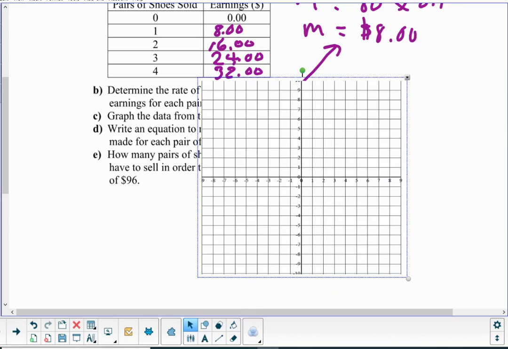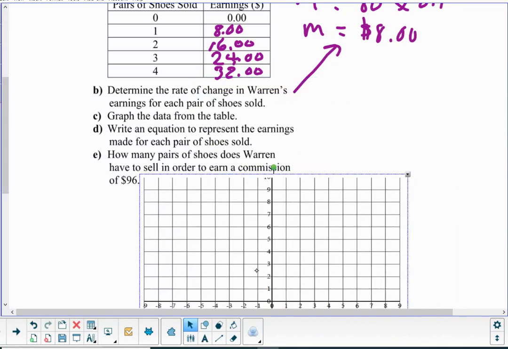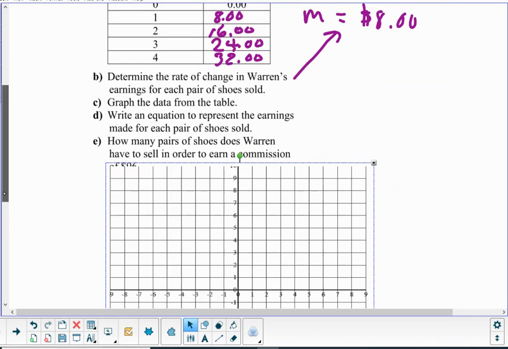Now, we could probably enlarge this to focus on just this L portion.